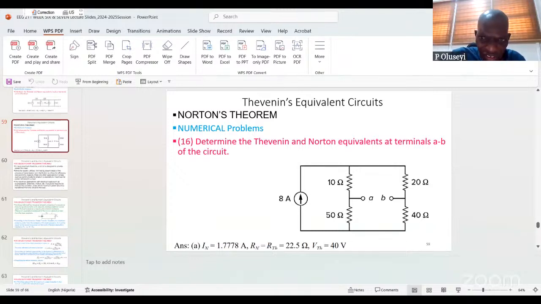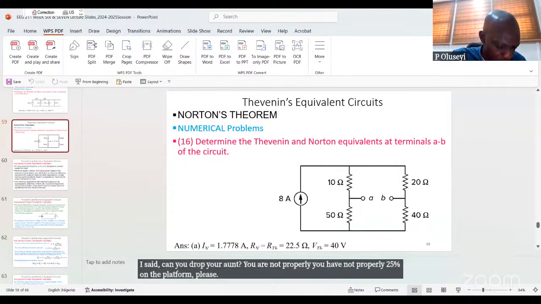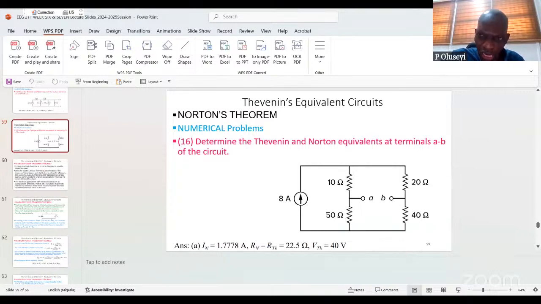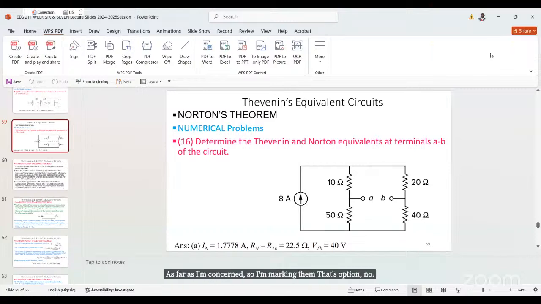Anosike, Isaiah, can you drop your hand? You have not properly identified yourself on the platform, please. Adedokun Dorcas. That means these people did not come today, as far as I'm concerned. So I'm marking them as absent now. Good morning, sir. Adedokun Dorcas.